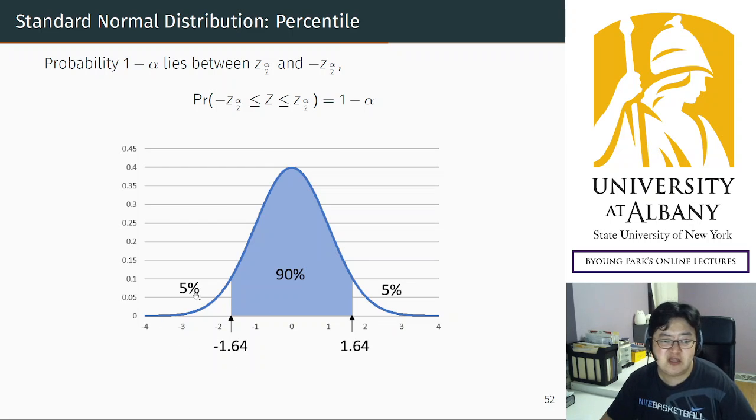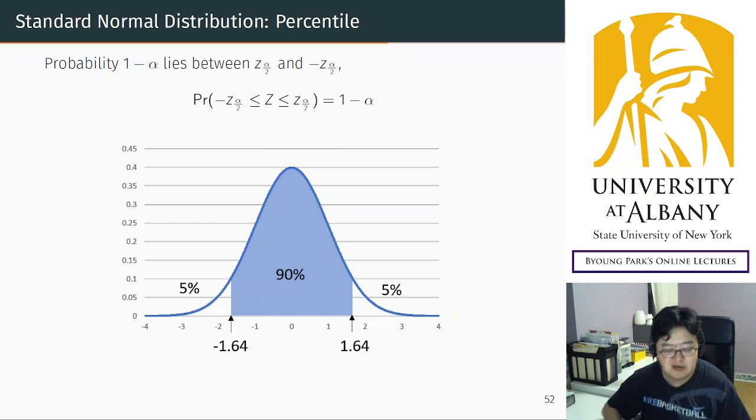If you delete these two probabilities, then between these two points there is an area of 90%. So as a rule of thumb, 90% of the standard normal distribution is contained between plus minus 1.64.